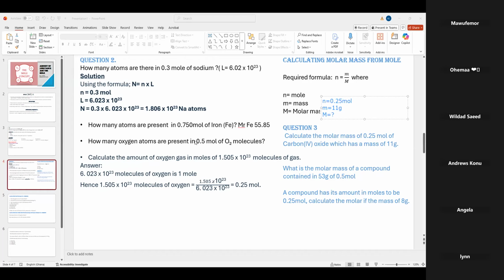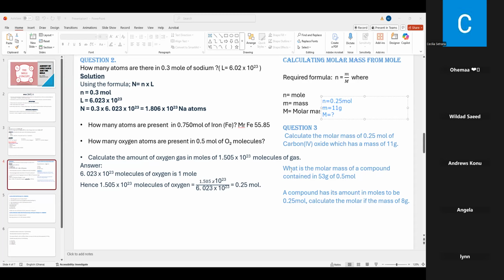Ohima, you are also here. Seth, are you done? Okay, so the right answer is 44 gram per mole.